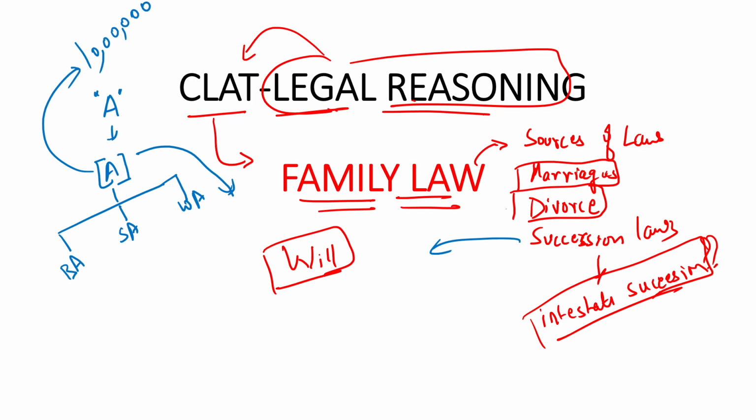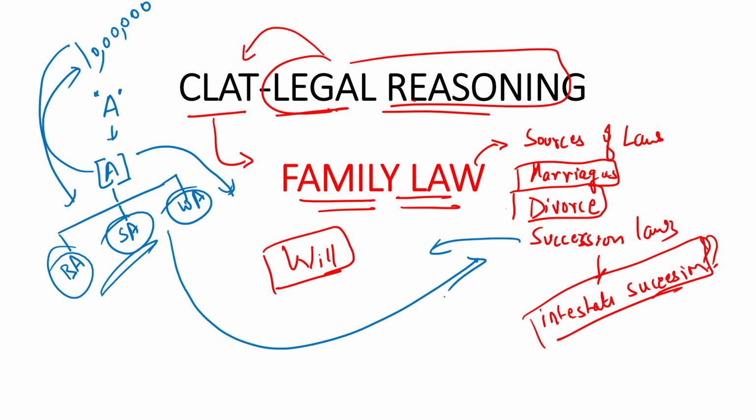How will this property be divided? Whether it will go to the son of A, to the wife of A, or to the brother of A. All these questions are answered under the succession laws.